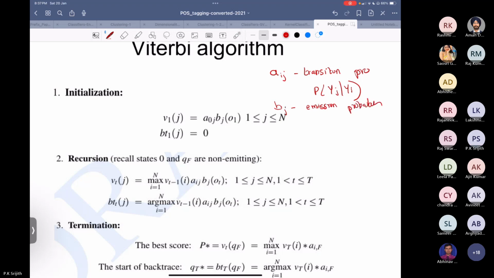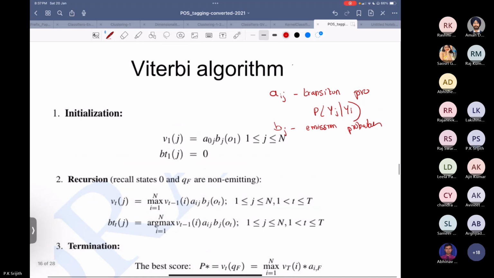Here the observations are denoted by O, O1, O2 up to ON, instead of X. These are observations which correspond to, in our notation that we have seen so far, x1, x2 up to xn.